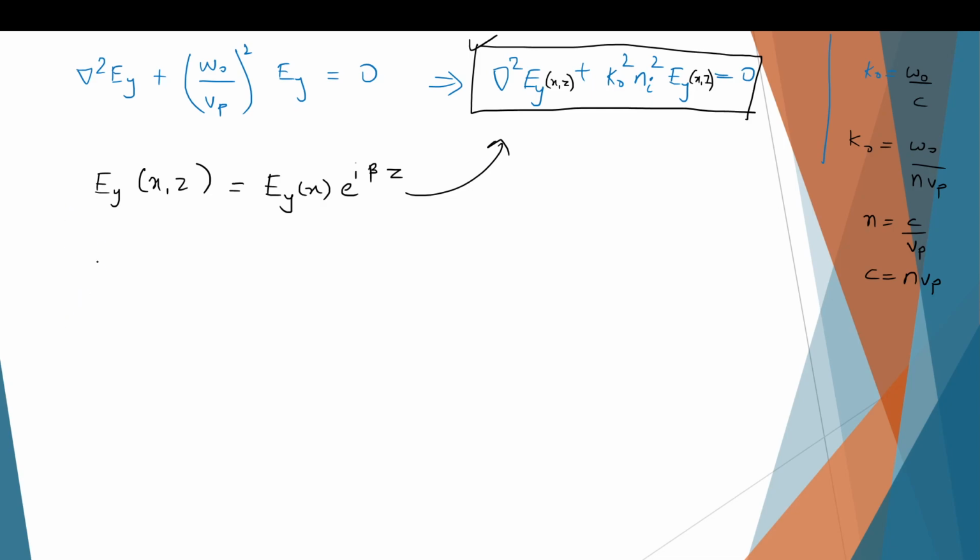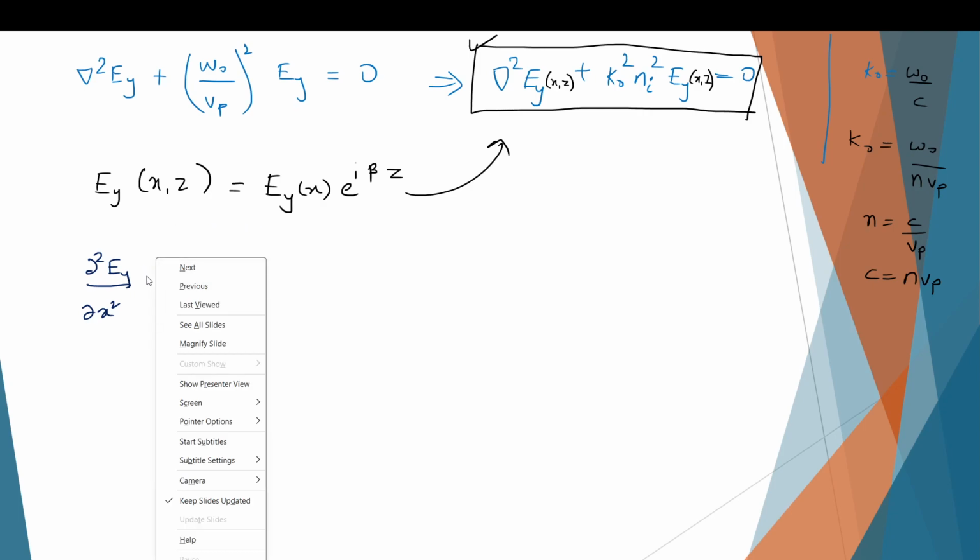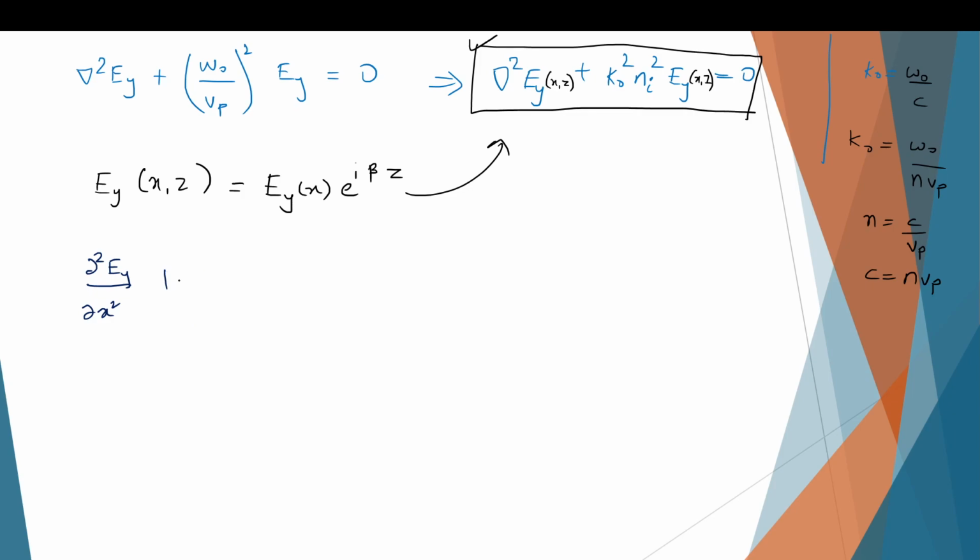So we are left with dou square by dou x square of Ey plus, dou square by dou y square is 0.